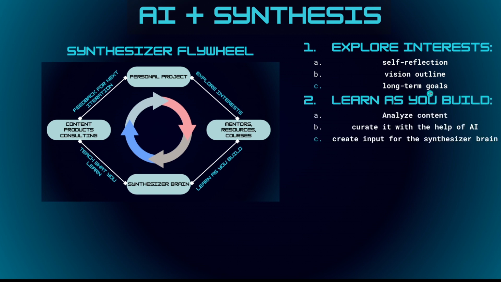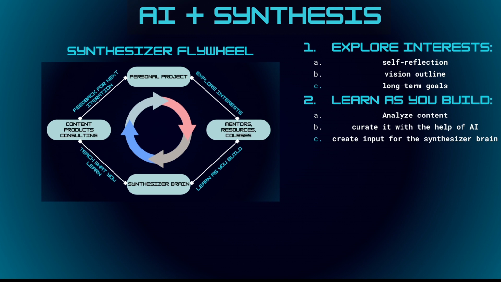Then for the learn as you build phase, there are a lot of ways we could apply AI that I'm going to talk about in the protocol. To analyze content faster, for example video content, we can use GPTs or ChatGPT plugins that will analyze the transcript of the video, and we don't have to watch the whole video, or we can watch it and then come back to it, and use the plugin or the GPT to ask questions about the video.